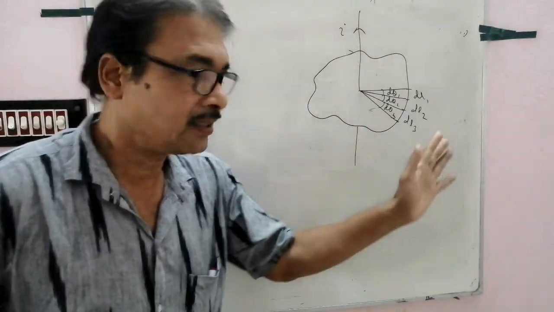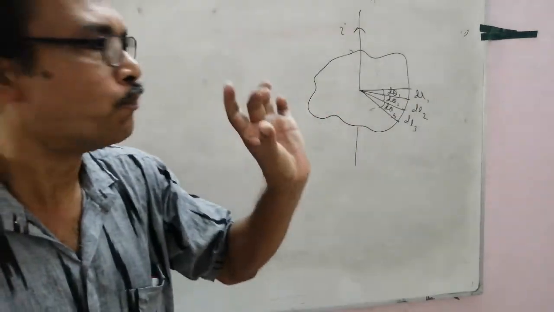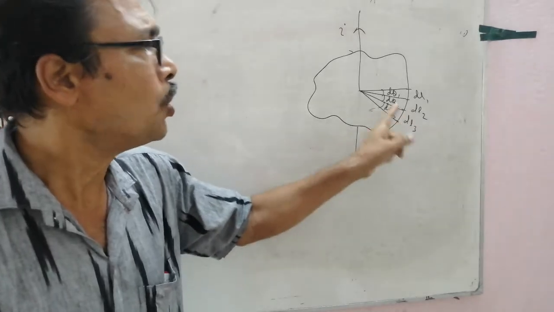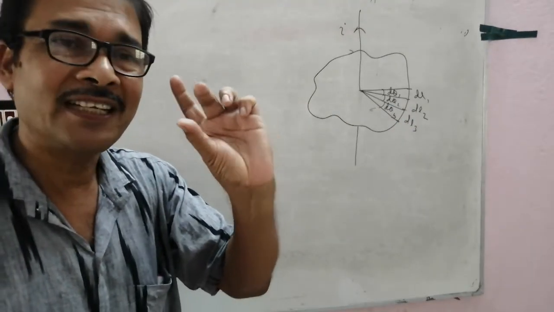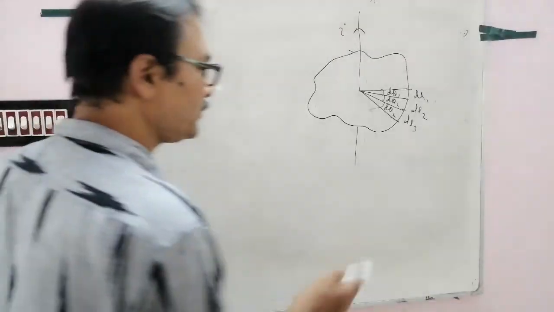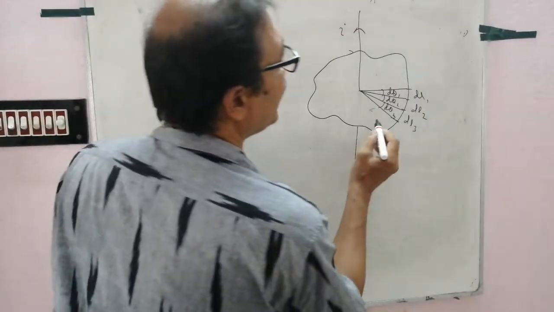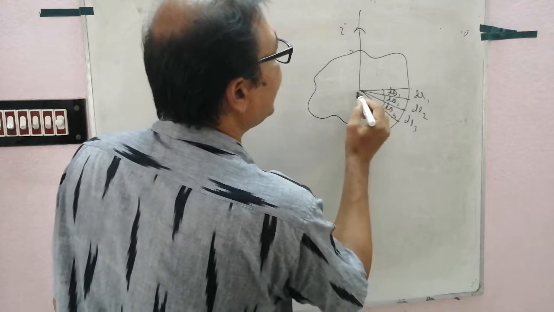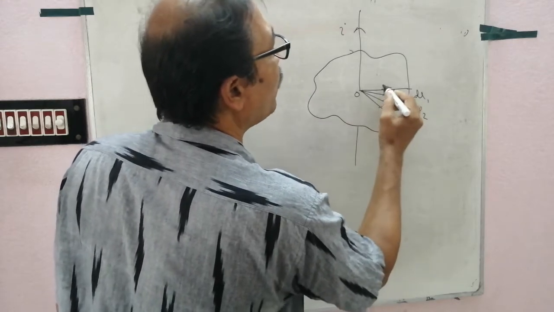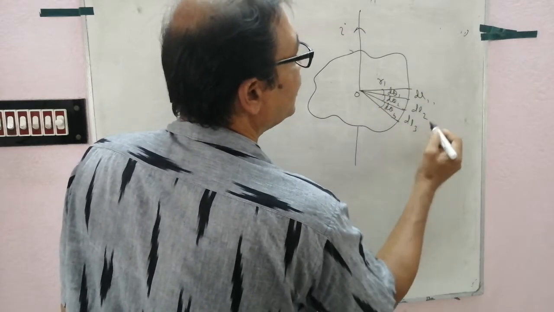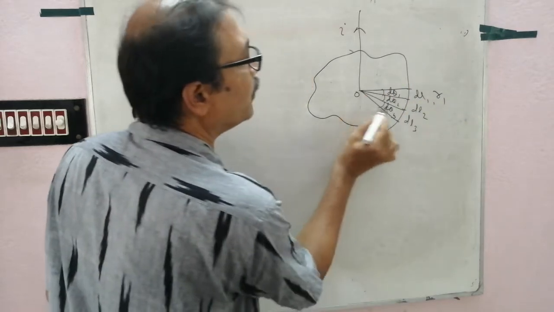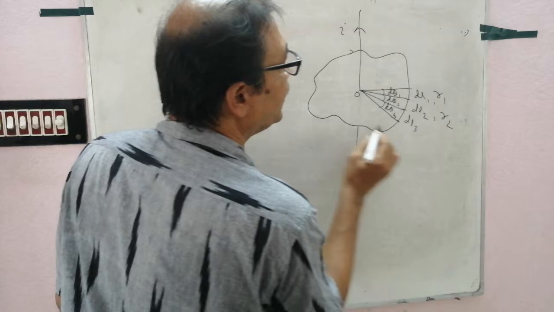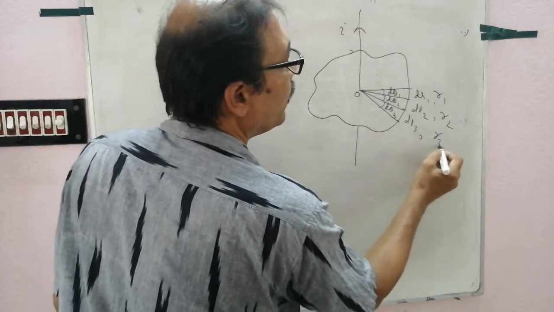We divided the total loop into very small portions, that is DL1, DL2, DL3. All are straight, may be considered straight lines because they are very small. The distance of DL1 from O is R1, the distance of DL2 from O is R2, the distance of DL3 is R3.